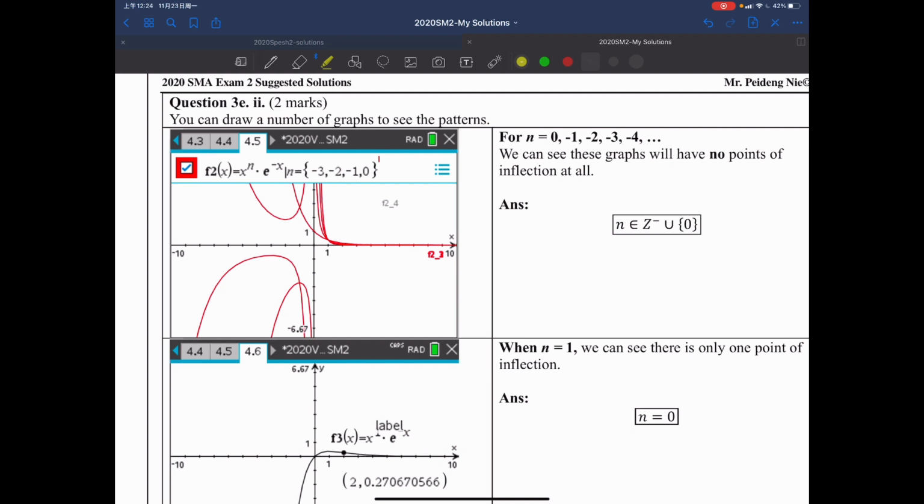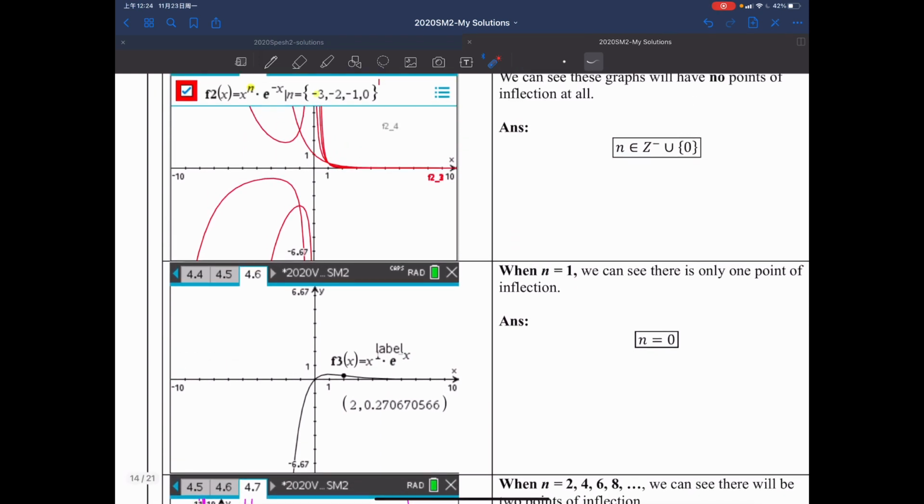By substituting these n values into here, I've drawn multiple diagrams, multiple functions, and I can see, for example, if I pick and choose this bit, it's always concave down. And for this bit, it's always concave up. No point for change in concavity. So we don't have any point of inflection at all. I can say for n equal to 0, minus 1, minus 2, minus 3, minus 4, which means negative integers union 0. This is my number set.